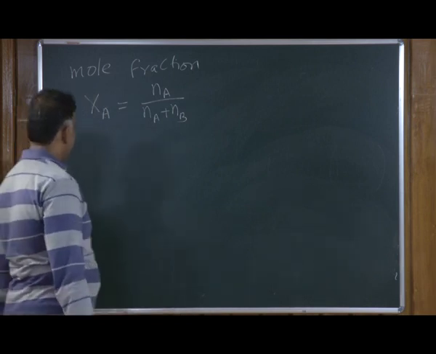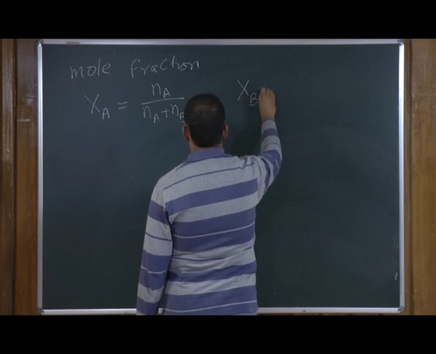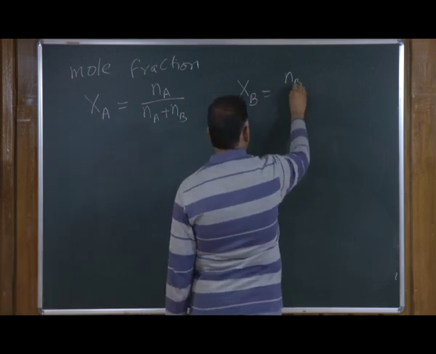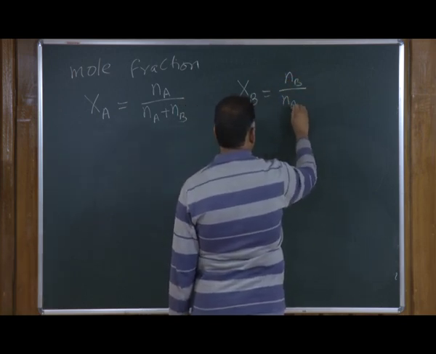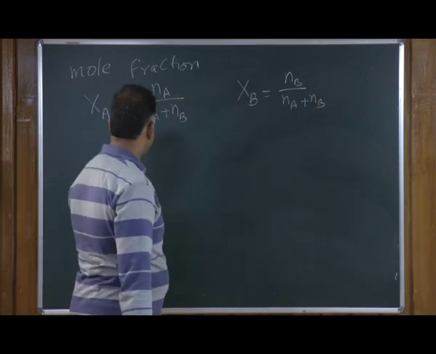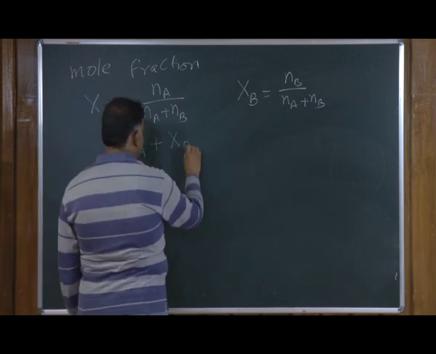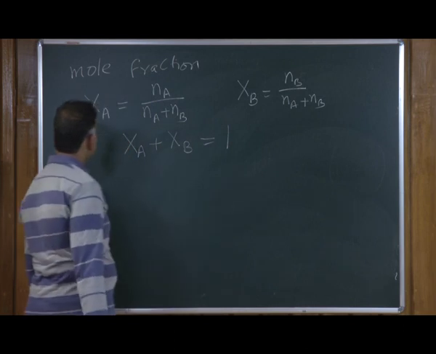And similarly, I can write the mole fraction of component B. That would be moles of B divided by Na plus Nb, that is total number of moles, and it will be trivial to prove that Xa plus Xb equals 1. So, this is for a binary solution.